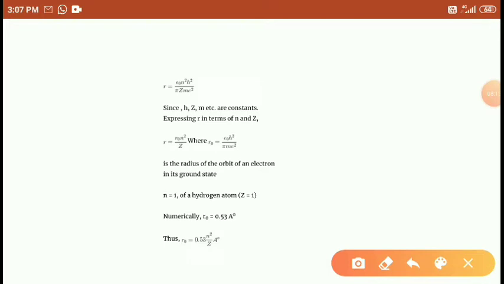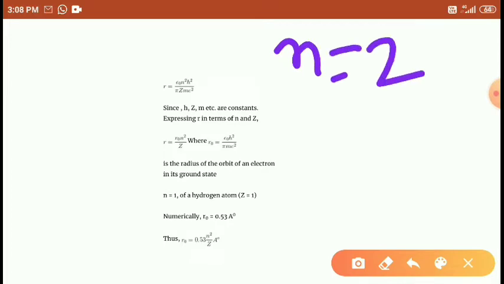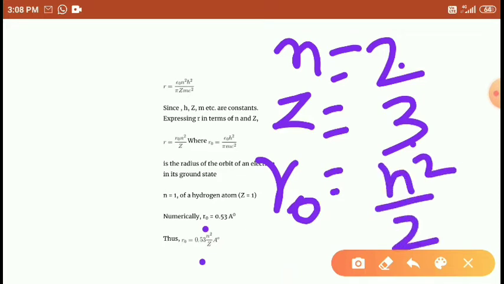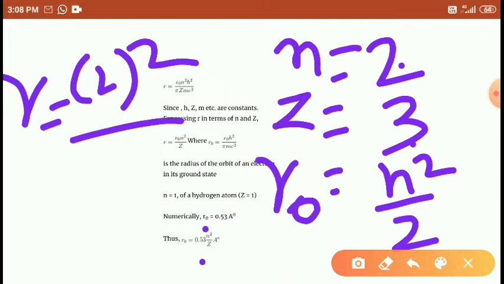If you want to calculate the radius of lithium at the second energy level, the second energy level means n is equal to 2, and the atomic number of lithium is 3: hydrogen, helium, lithium, atomic number 3. So the n value is substituted in place of n square, and the Z value in place of Z. For example, radius of lithium is n square by Z. So r is equal to 2 square by Z, where the Z value is 3.